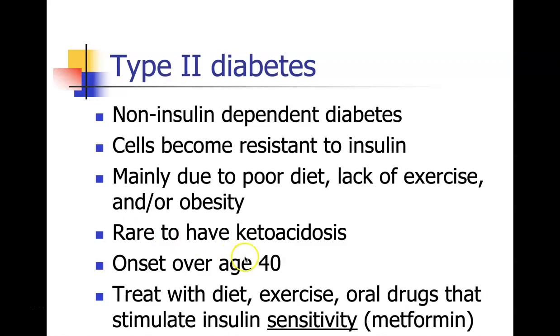There are some oral drugs that try to stimulate insulin sensitivity, so stimulate the insulin receptor to respond to insulin. Probably the most commonly prescribed one is one called metformin. And so this isn't so easy to treat, and people tend to have a hard time managing it. But it is possible through the combination of some of these factors.